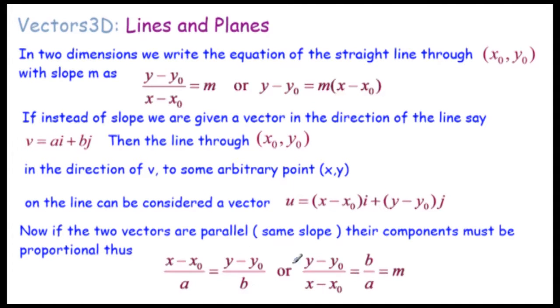And if you look at this vector here, the y over the x is just b over a, which is the same as the slope. So this is the start of the symmetric equation generation in 3 dimensions, the idea of proportional components.